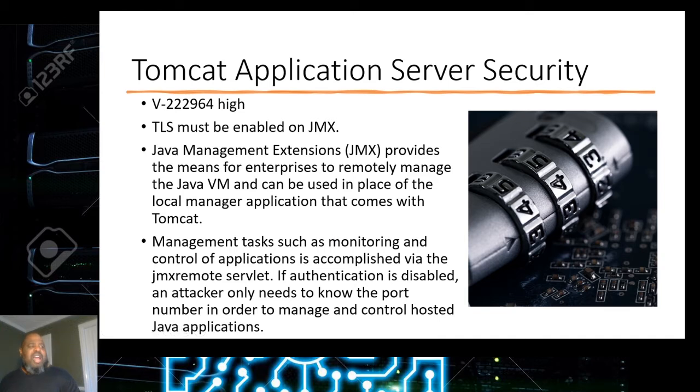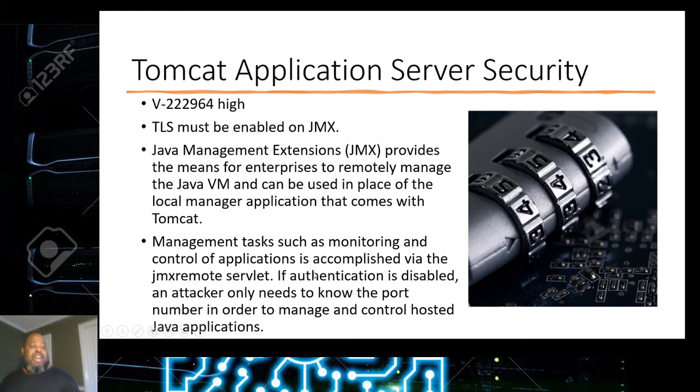This one is high. TLS must be enabled on JMX. JMX is Java Management Extensions. It provides the means for an enterprise to remotely manage the Java VM and can be used in place of the local manager application that comes with Tomcat. Management tasks such as monitoring and control of applications are accomplished via the JMX remote servlet.